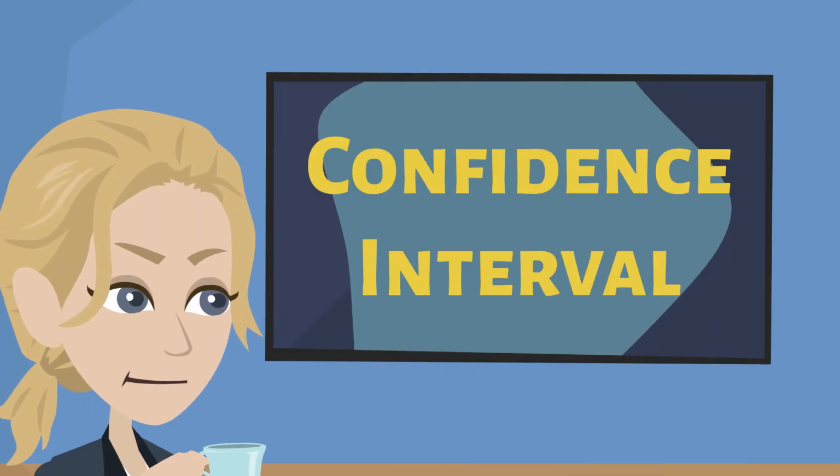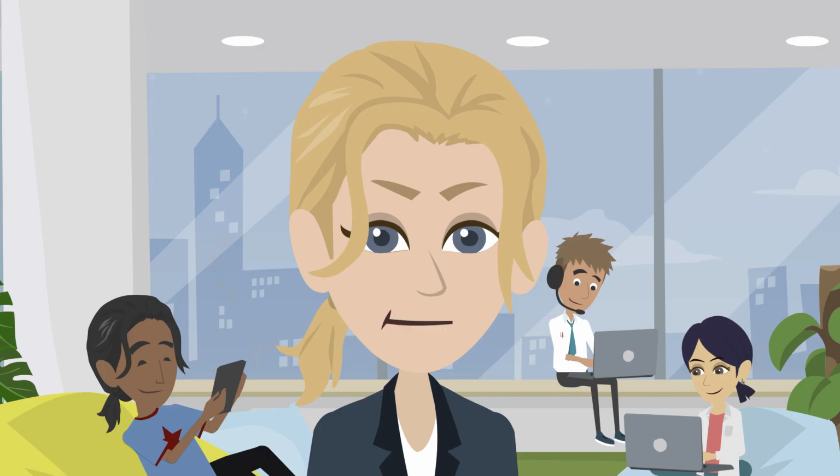Confidence interval. A confidence interval is a range of values calculated from sample data that is likely to contain the true population parameter with a certain level of confidence. It provides a measure of the uncertainty or variability associated with estimating a population parameter based on a sample. The confidence interval is typically expressed as a range, along with a specified level of confidence, usually represented as a percentage.